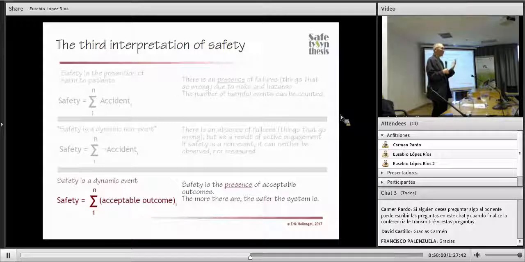Safety is a dynamic event, and the measure of safety is a measure of the dynamic events that go well. So it's proportional, and the higher the level of safety you have, the higher the measure is. Instead of saying in Safety 1, the higher the level of safety, the lower the measure, which is sort of confusing because it's counterintuitive. There's a proportionality in it.